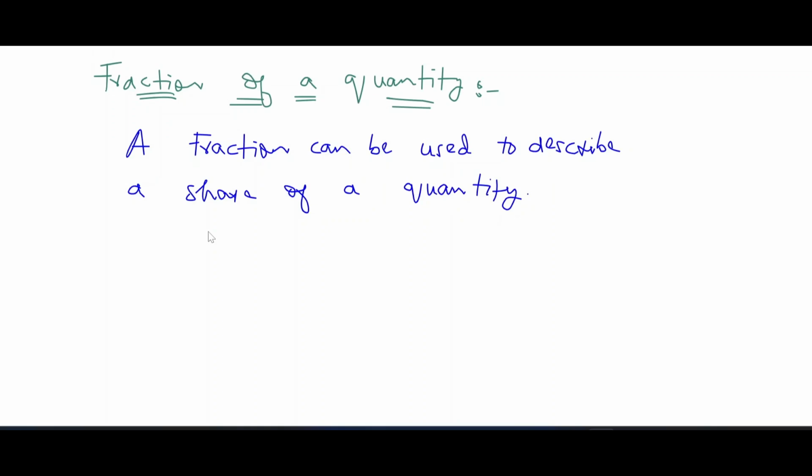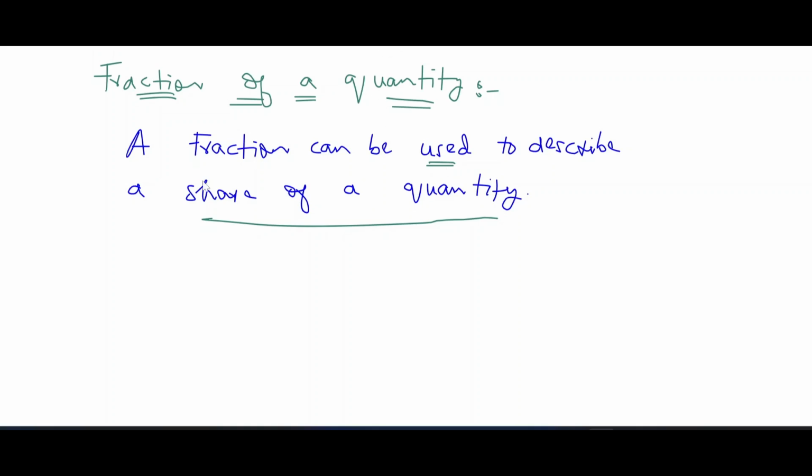We can define a fraction as, in real life, we want a share of the quantity. A fraction can be used to describe a share of a quantity.